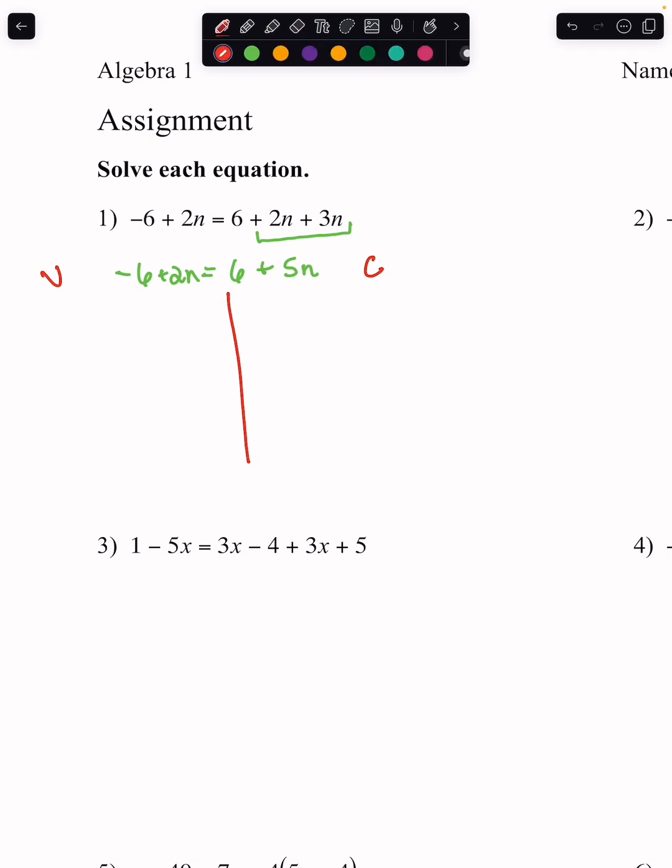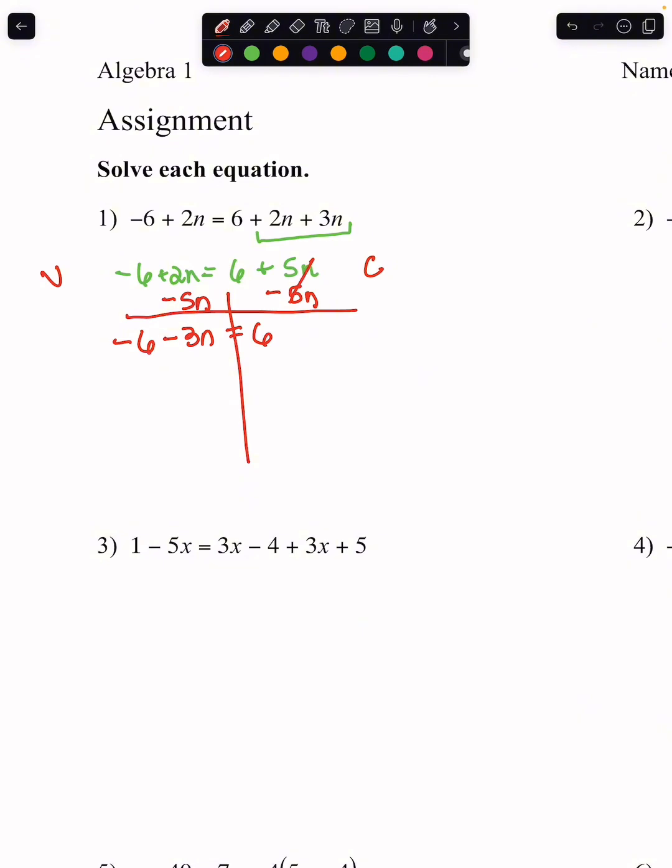I'm going to subtract 5n because we are doing the inverse. Minus 5n like that. So I have negative 6 minus 3n, because 2n minus 5n is negative 3n, equals a positive 6. Now on my right, there are no variables.